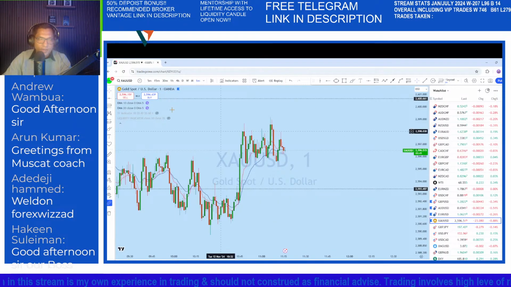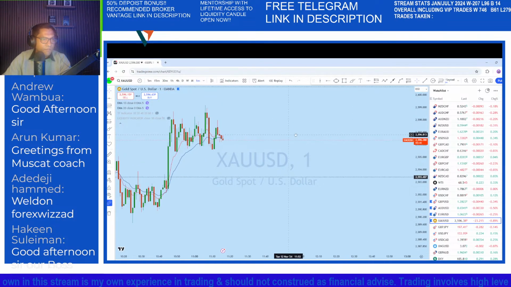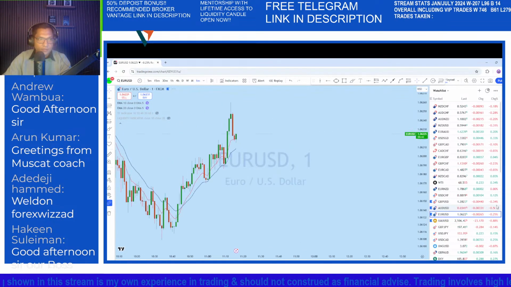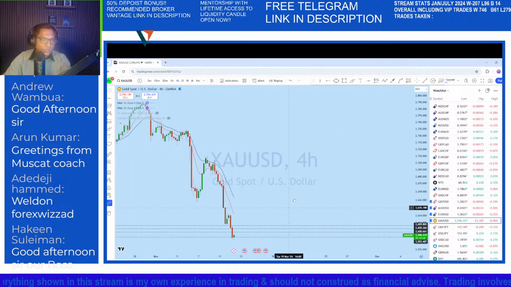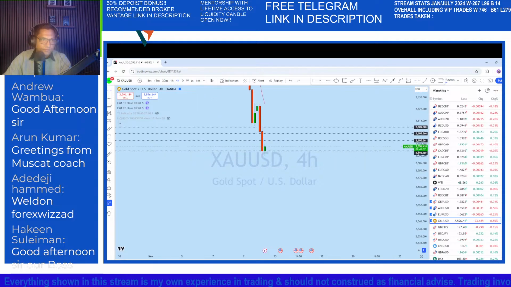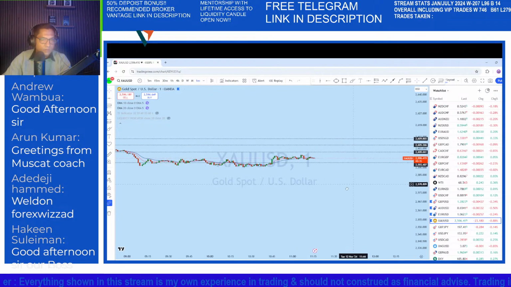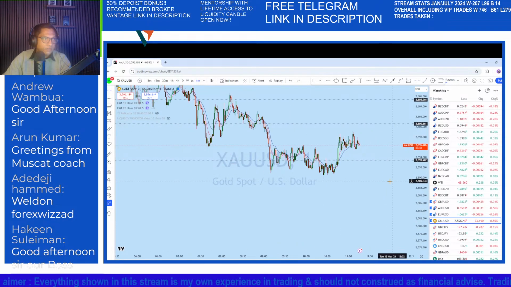We see a little sideways movement in this lower time frame, and in all of them we see a little sideways movement on XAUUSD as well. So I'll leave it on the 1 minute to see.